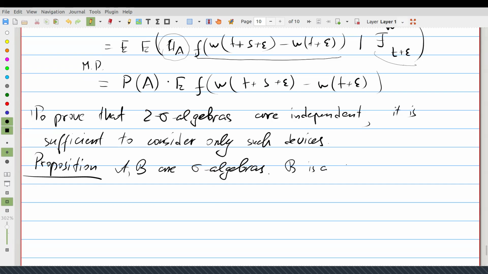And B is a P system. A classical example of a P system is closed sets: the intersection of closed sets stays closed.